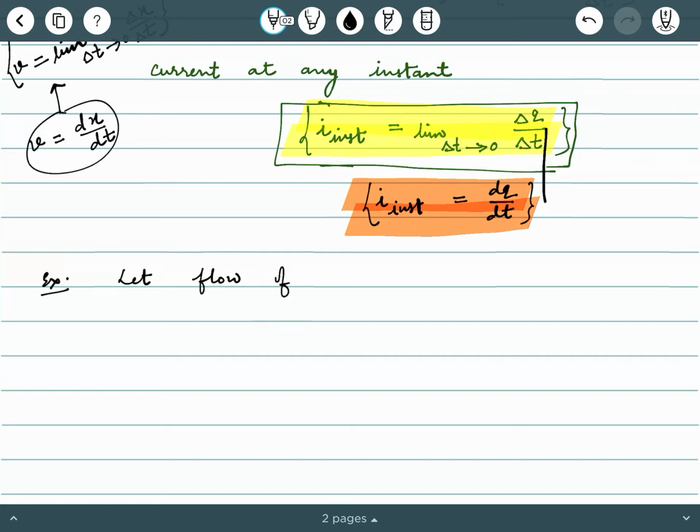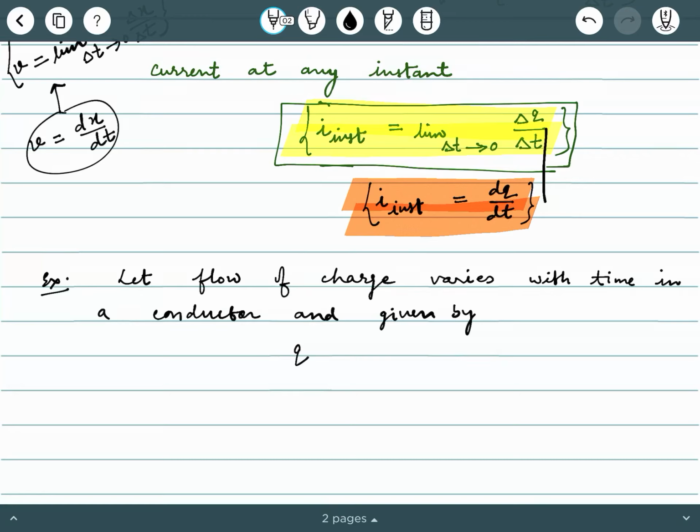Let the flow of charge vary with time in a conductor and be represented or given by q equal to 3t square minus 4t minus 6t.